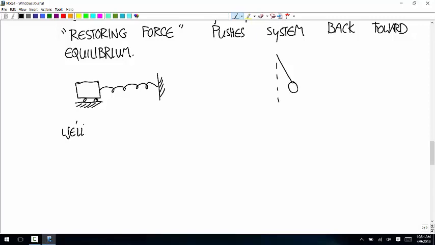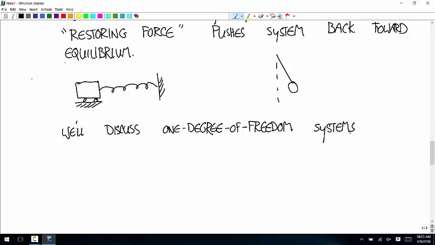So we'll discuss just 1 degree of freedom vibrations, and the ideas apply to more degrees of freedom. So 1 degree of freedom systems.